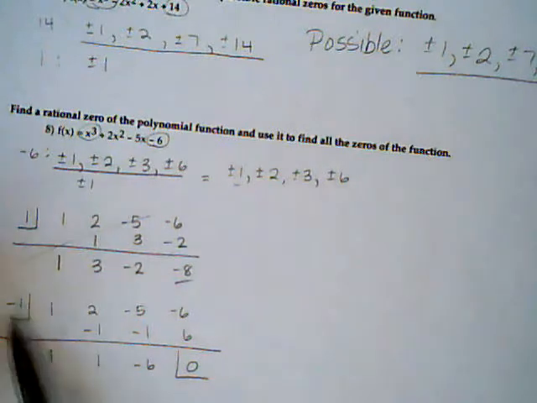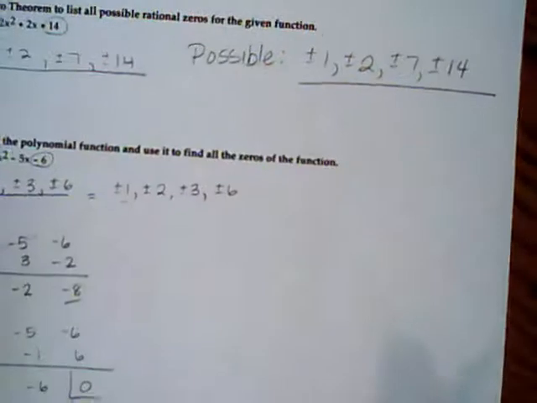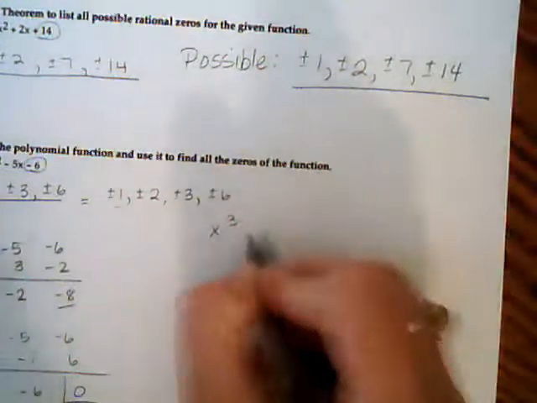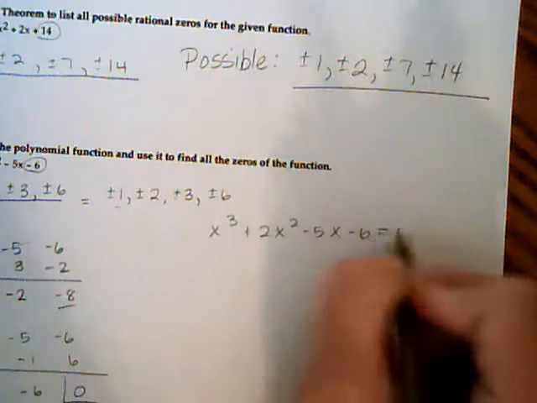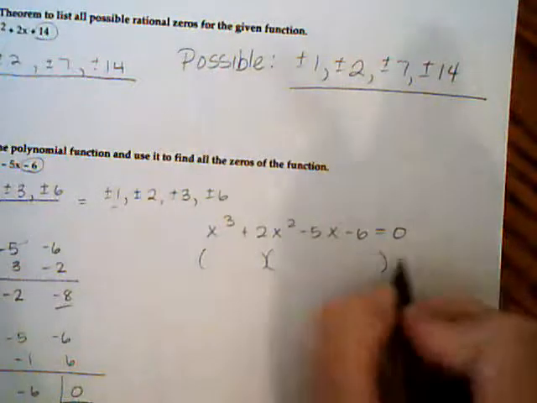Now I can use this and the polynomial that I get here, which is x squared plus x minus 6, to solve this polynomial function. I'm going to take x cubed plus 2x squared minus 5x minus 6 to solve it, and now I know that I can break it down into x minus a negative 1.